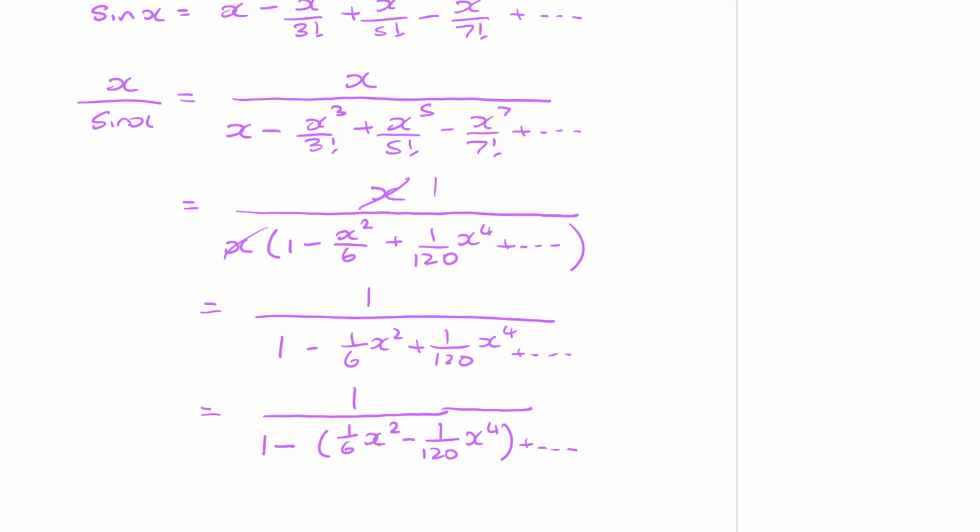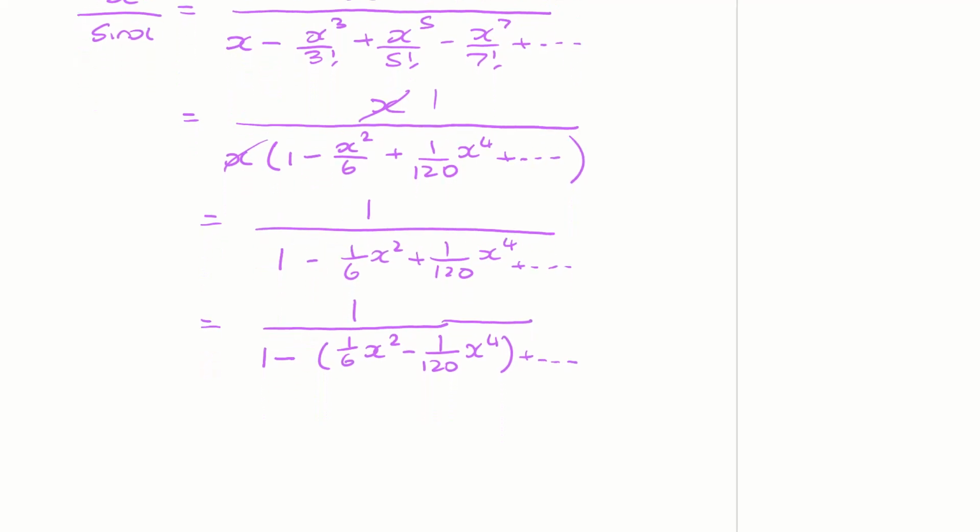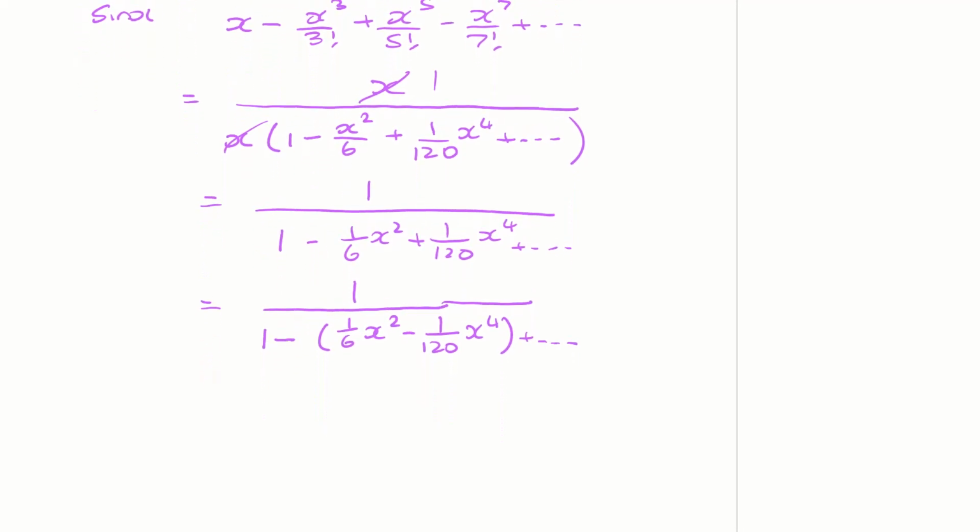And then what we're going to do is approach this by looking at the series of 1 over 1 minus u, because ignoring all these extra terms, that's essentially what we've got, where the u ends up being that lot there.